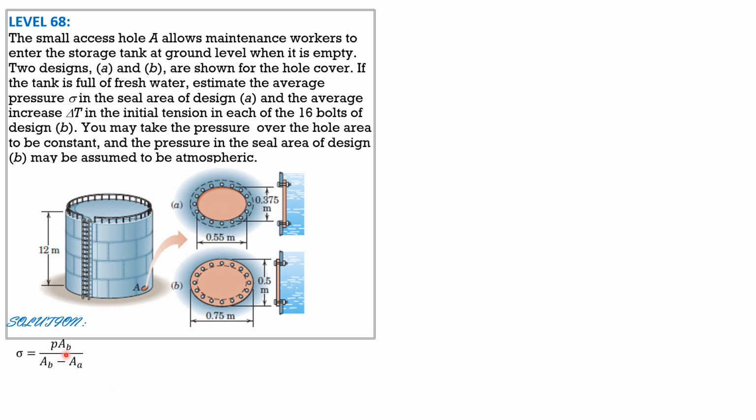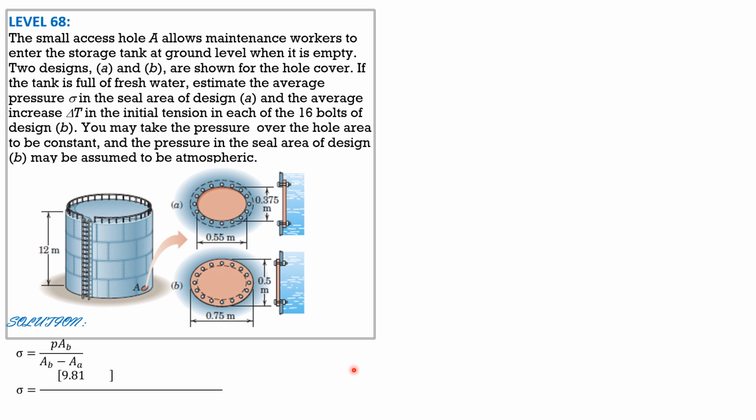So pressure times area of B is the force, then that force should be transmitted to the seal area so that we can compute the average pressure in the seal area. The pressure is specific weight of water times depth, which is 12 meters. Then the area of B is the area of an ellipse.